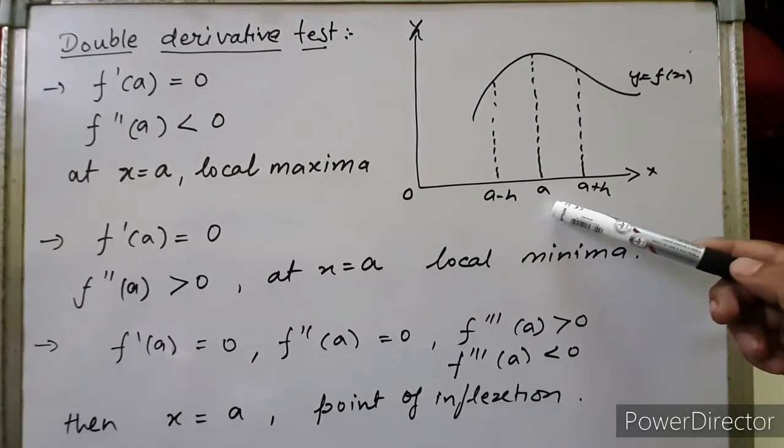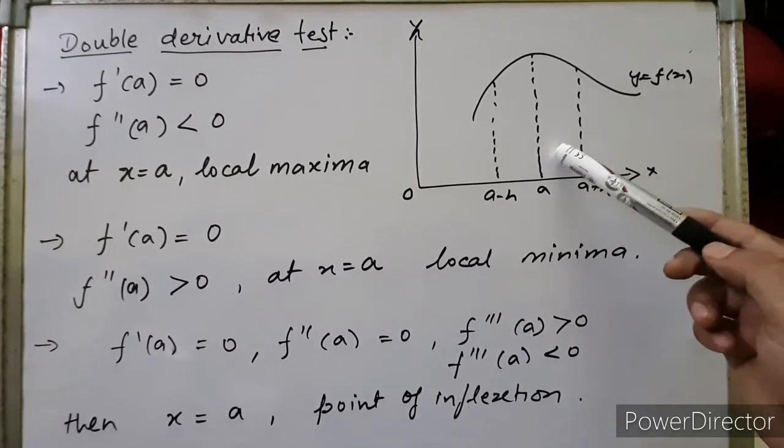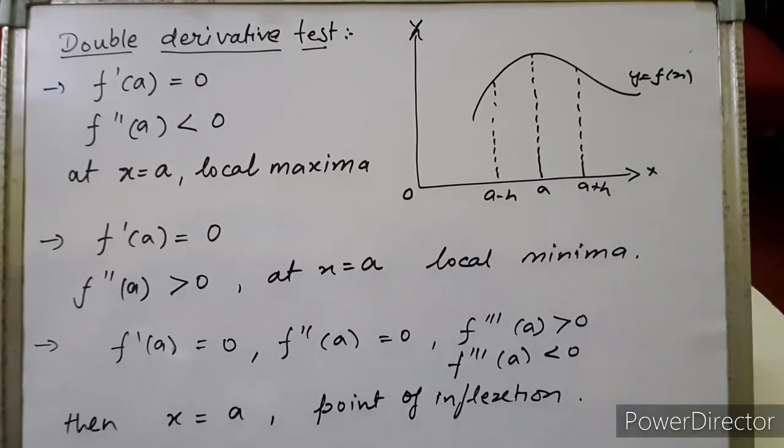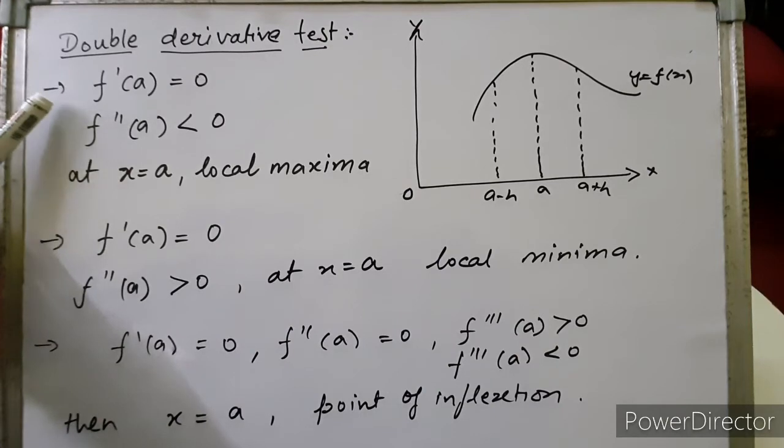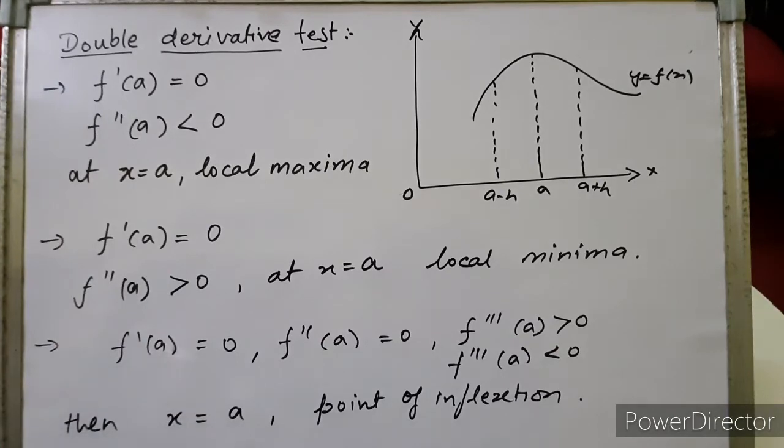If we find the slope of the tangent, or the value of the derivative of the function at x equals a, we get 0. That means f dash a is 0, right? This shows that x equals a is a turning point of the curve. It means that at this point we are either getting a maximum value or a local minimum value, right?